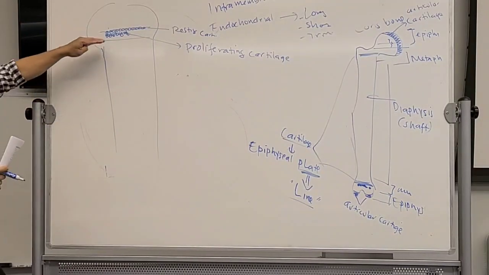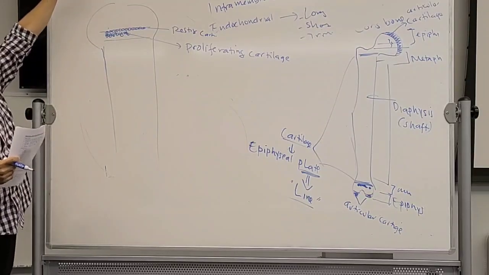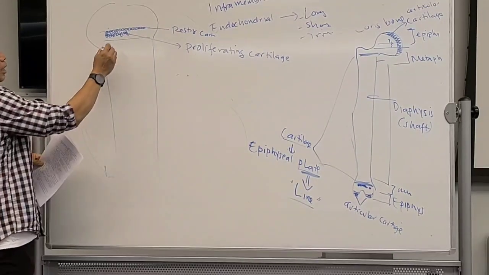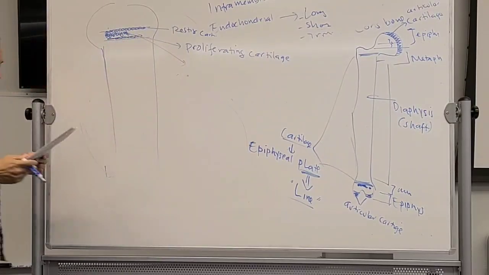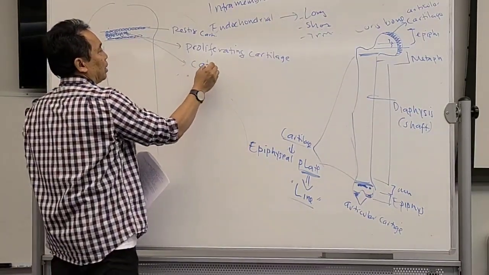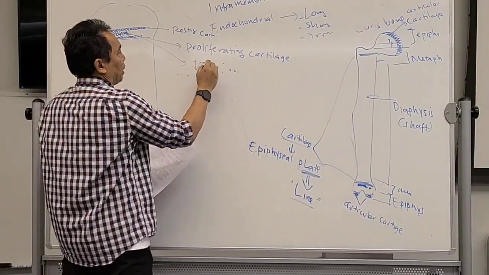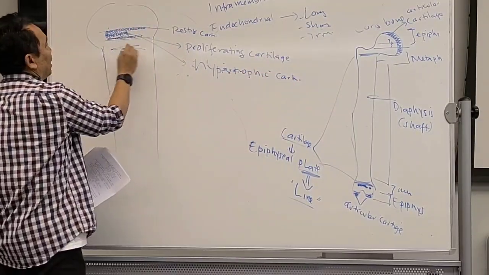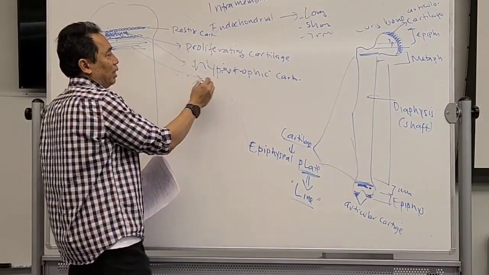So what happens when you push this down? The bone will grow to the top, going longer. And then close to here, that cartilage becomes ossified a little bit. It has calcium in it. It's calcified. The hypertrophic cartilage first, and finally over here it will be calcified cartilage, which is going to be bone, right?